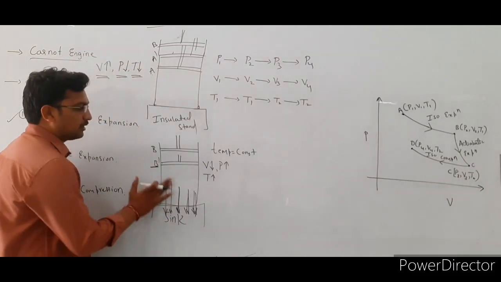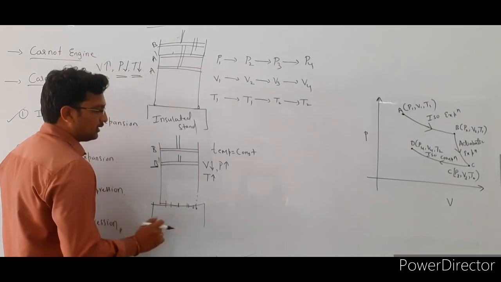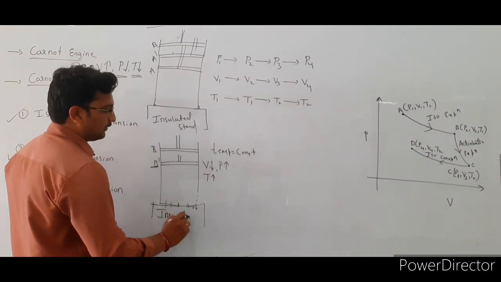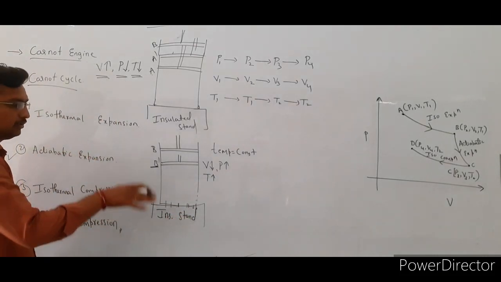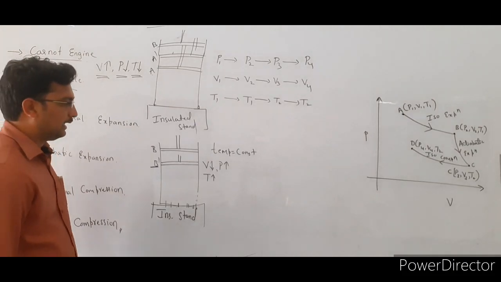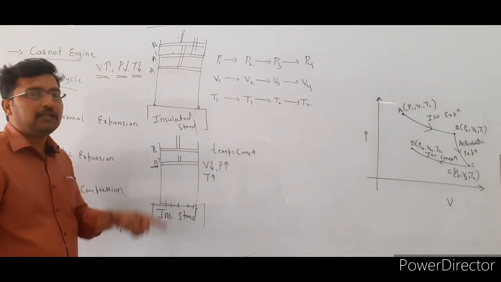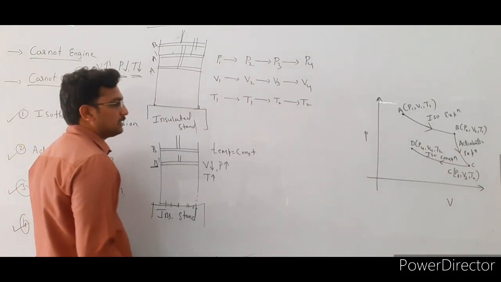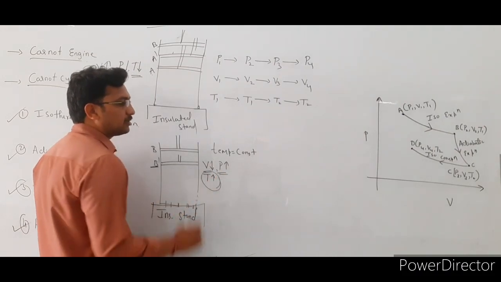Okay. The last one, adiabatic compression. See here, in this case we are placing this same cylinder on an insulated stand, right? Again it is compressed adiabatically till it reaches the initial state. In that case the volume is decreased, pressure is increased and temperature also increases.